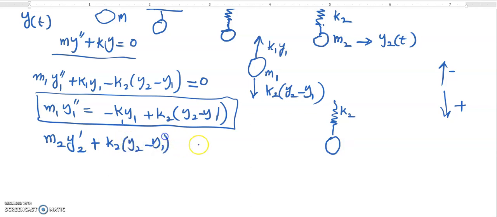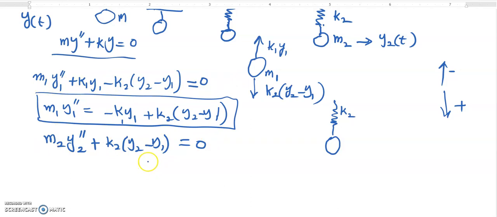We take the same extension or compression in the spring as in the previous case. The extension or compression in this spring is y2 minus y1, while the extension or compression in spring k1 is y1 only. That is equal to 0. So in this way we have set up a system of two equations.